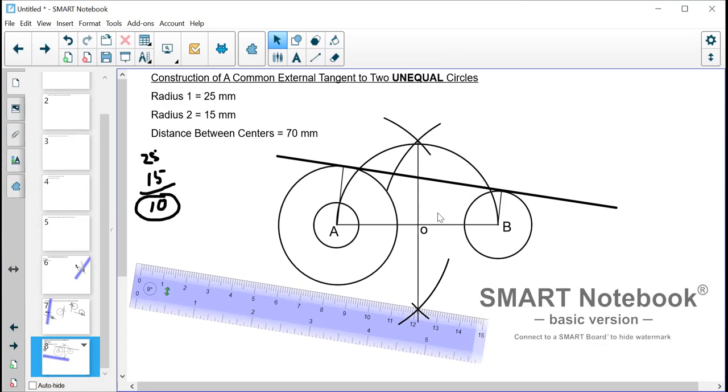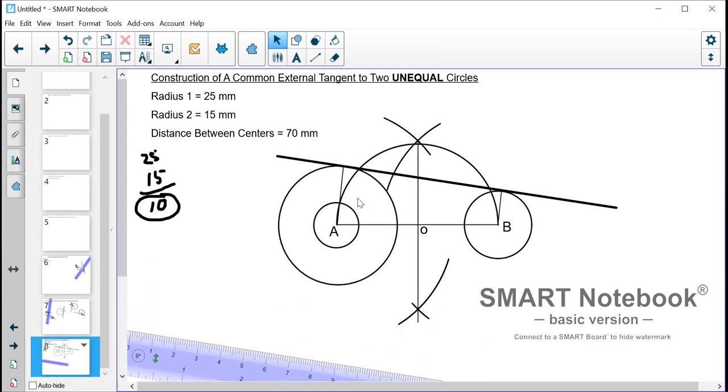In terms of variations, there may not be so many. One of the differences is that the larger circle can be drawn at B, with the smaller circle on the inside of that, and this 15 mm circle will be at A. Additionally, the tangent can be drawn at the bottom.